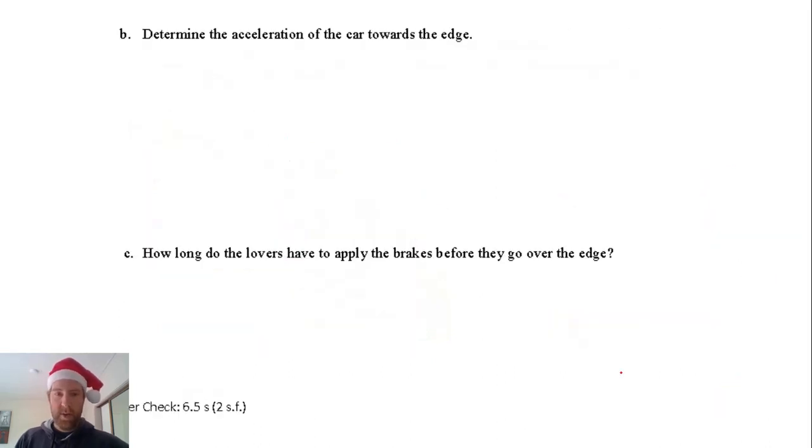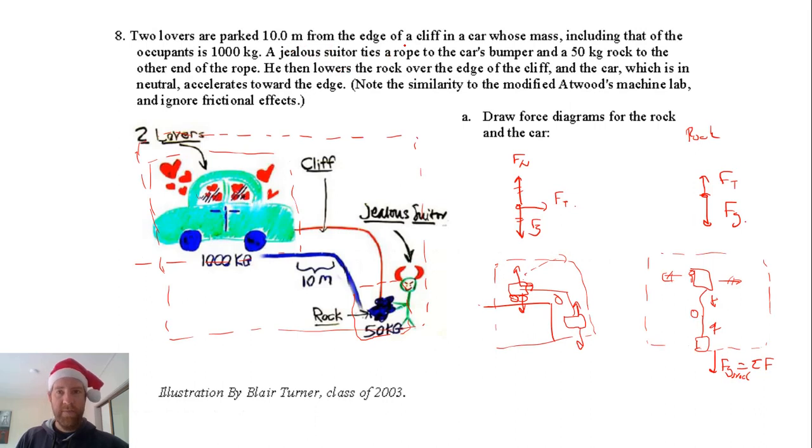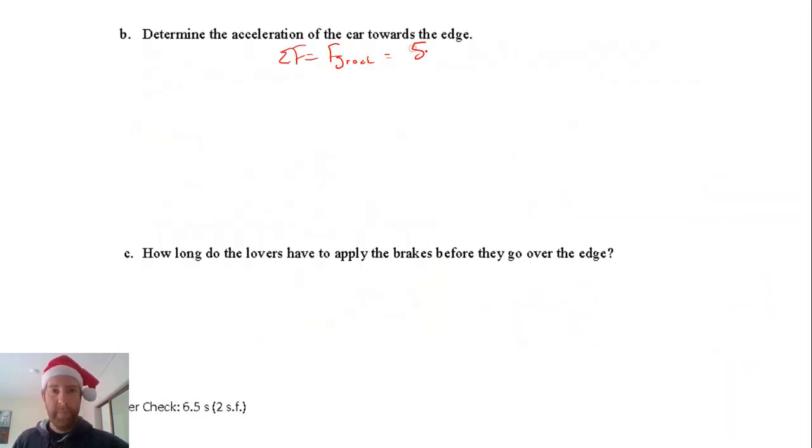Right, so let's use that. So I said the total force is equal to the force of gravity on the rock, which equals, it's a 50 kg rock times 9.8 newtons per kg. So that equals 490 newtons.